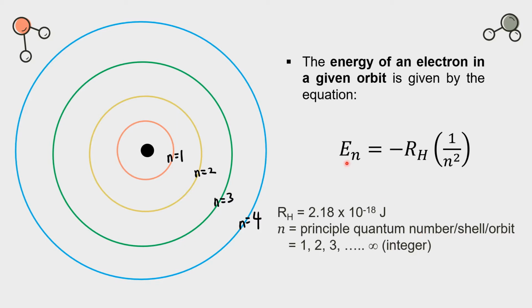Let's say you are going to find the energy of an electron when it is circling at n1. You substitute this n value with 1 and this n also with 1. By doing that, you will be able to find the energy of the electron at the first orbit.